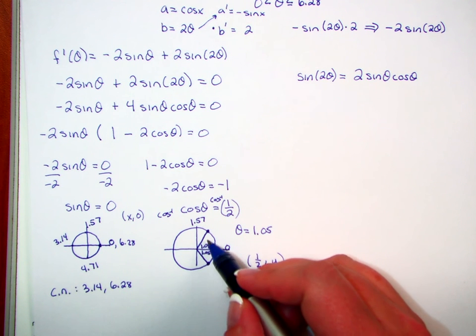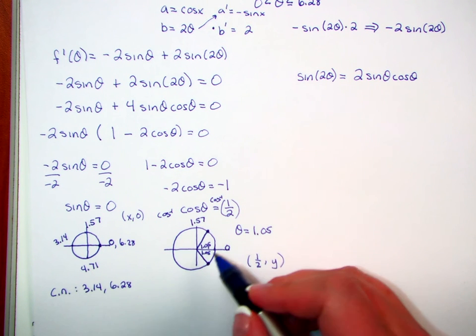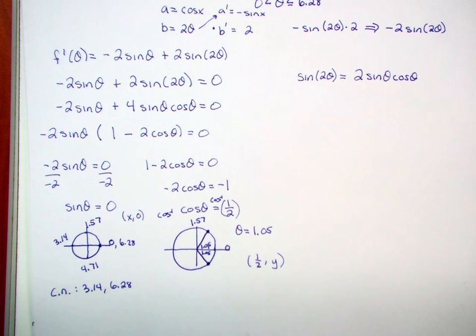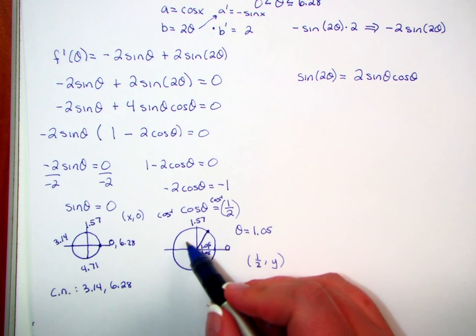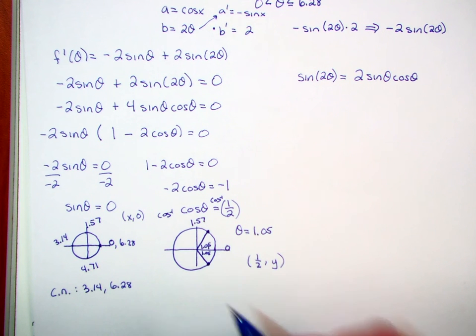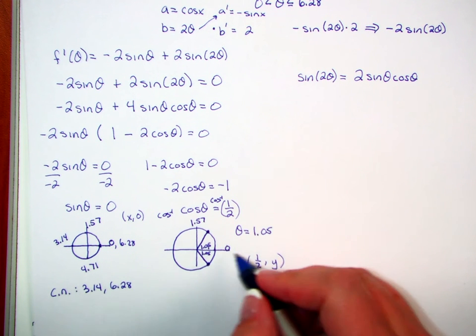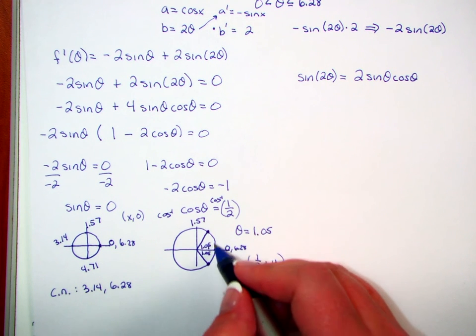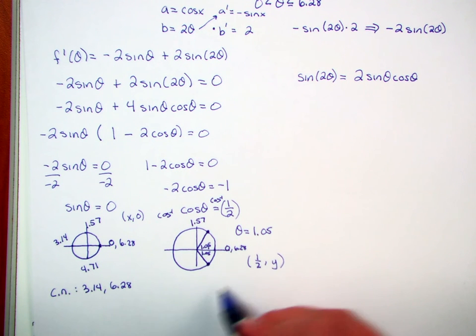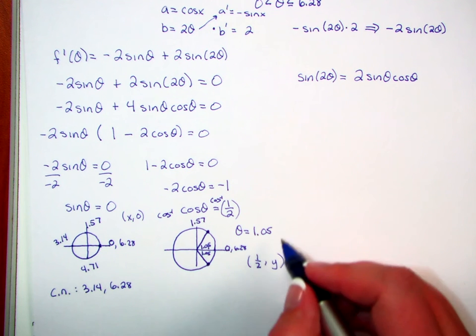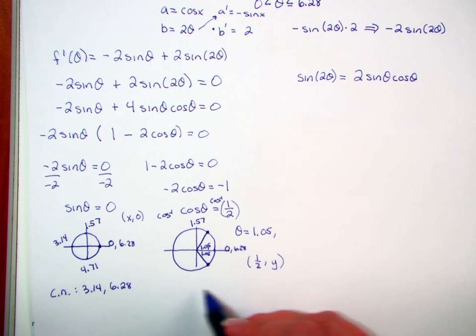Okay, we can go 1.05 in the counterclockwise direction, or we can go 1.05 in the clockwise direction. Instead of writing this as minus 1.05, we want to rotate and make sure that angle's between 0 and 6.28, right? Because this is 6.28. So to get all the way around to this one, we're going to do 6.28 minus 1.05.